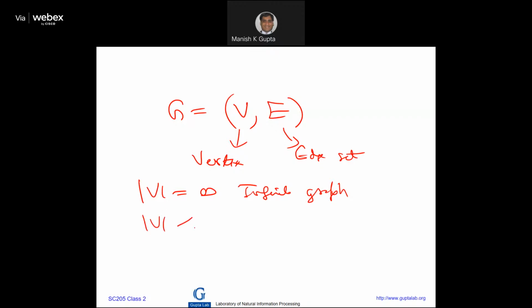And when the vertex set is finite, it is known as a finite graph. So there are plenty of examples. For example, I think many problems you can look at in a natural way from a graph theoretic point of view.